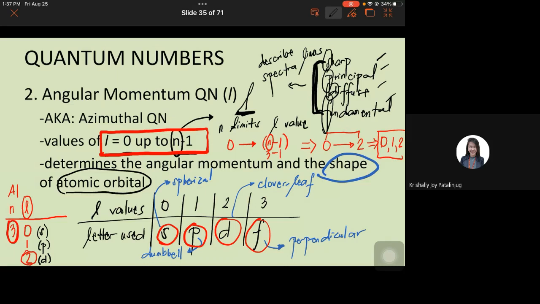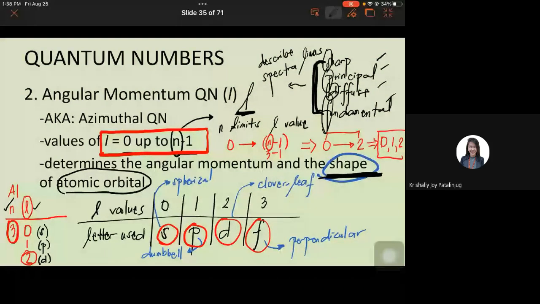So going back, the n value represents the main energy level, the size, and the distance of the electron from the nucleus, while the L value describes the shape. Kindly highlight this in your notes: the shape of the atomic orbital. If it is S, spherical. If it's P, dumbbell shape, and so on and so forth.